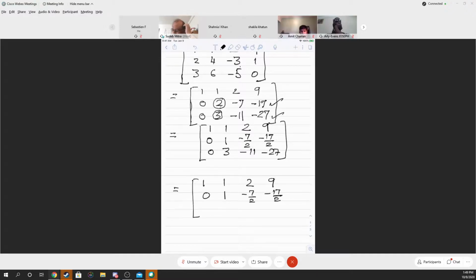Multiply this by -3, add it to the third. So this is 21 upon 2 minus 3 times, so 21 upon 2 minus 11.